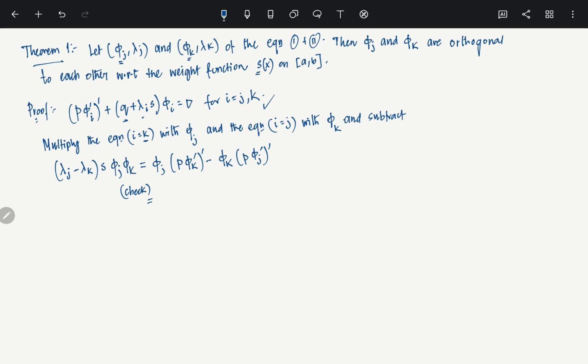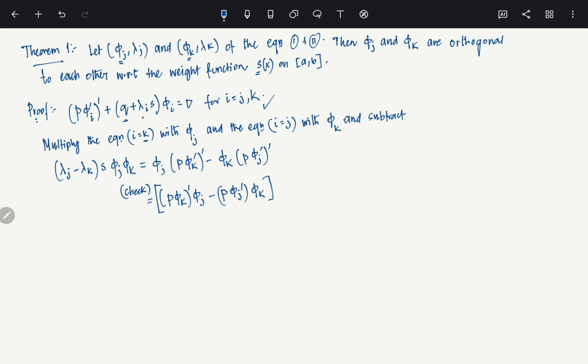You expand the whole thing and see that one term gets cancelled out, and it becomes p of phi k prime phi j minus p of phi j prime phi k. I hope this is clear.